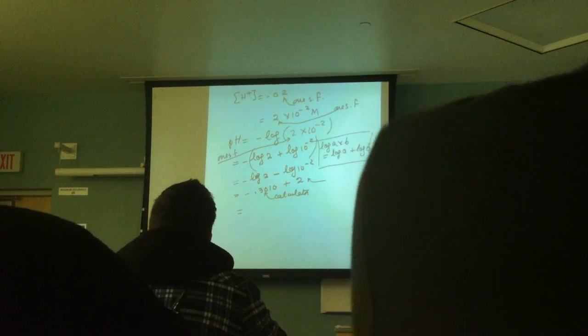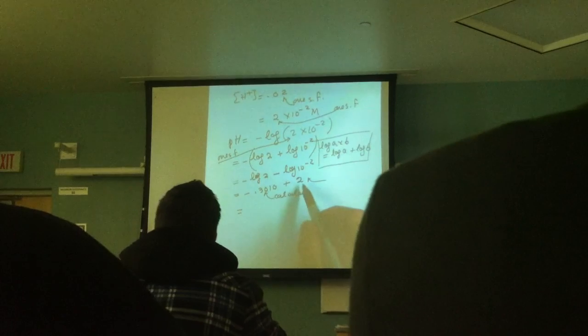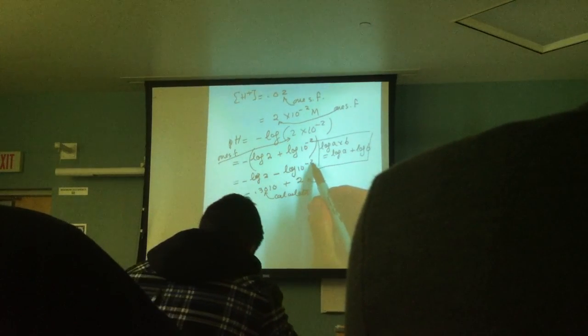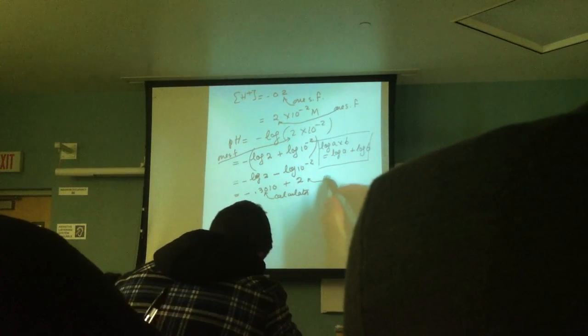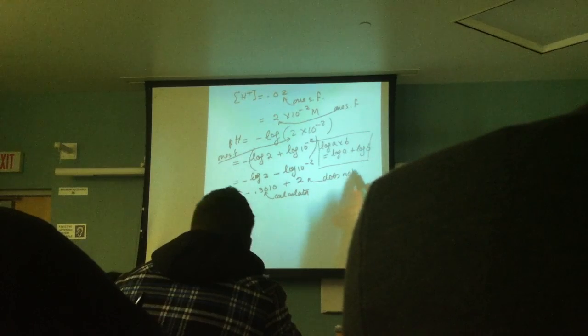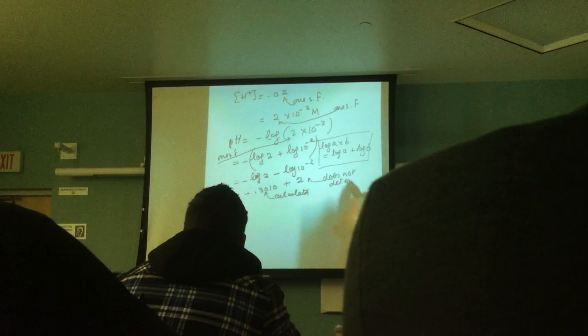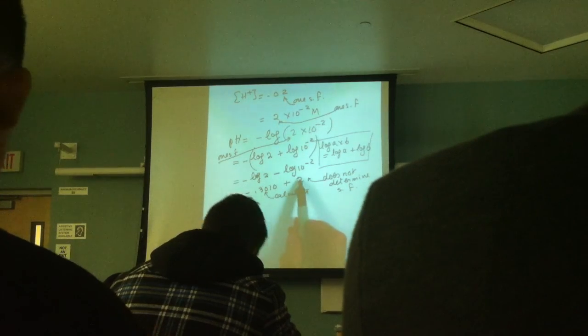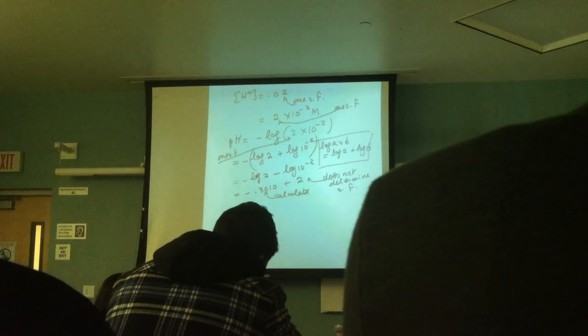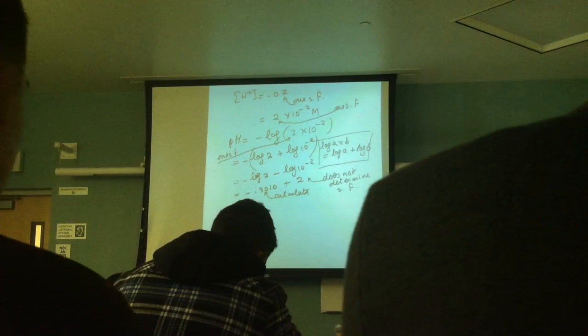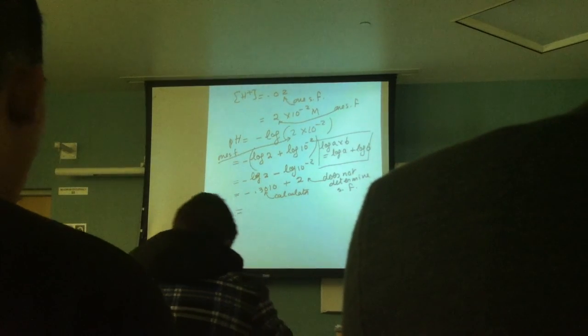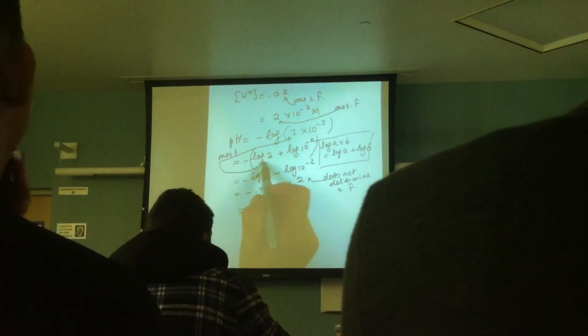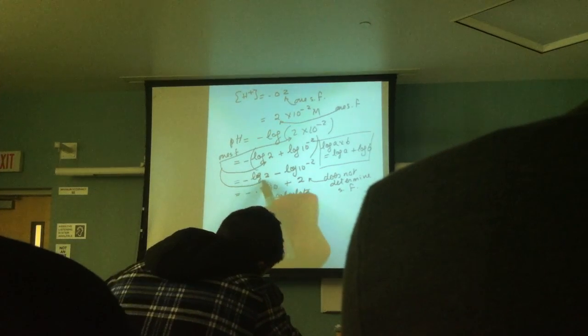I'm telling you now. Remember, this 2 represents the exponent. It does not determine sig figs. Why? The exponent tells you where the decimal is. Do I still have 1 sig fig here? Yeah.